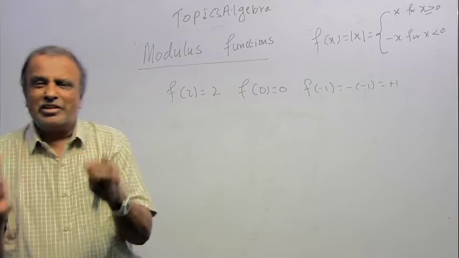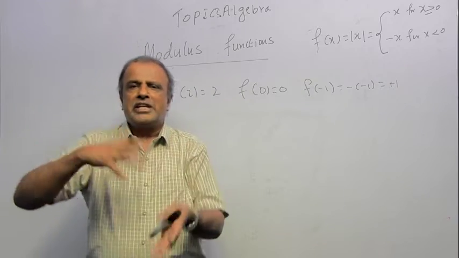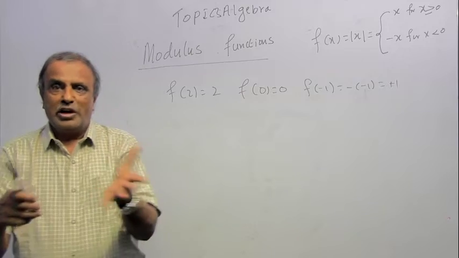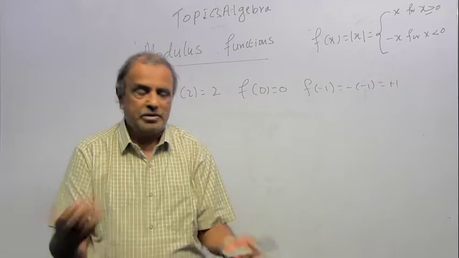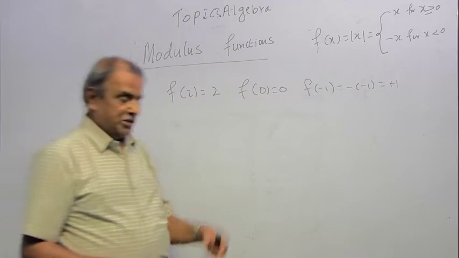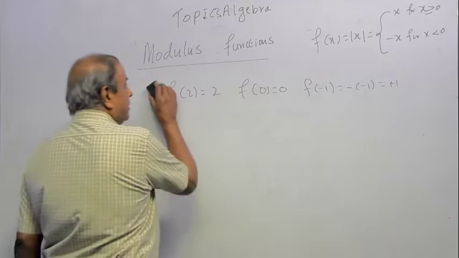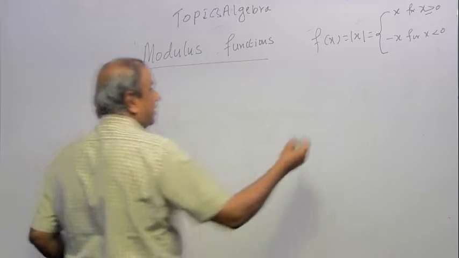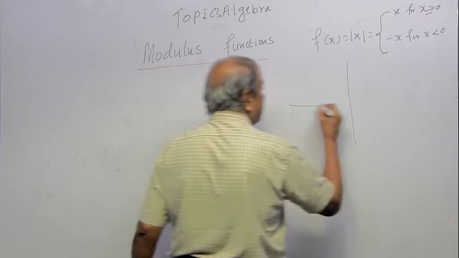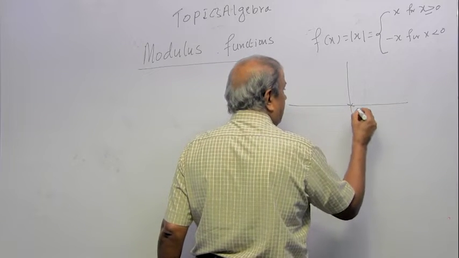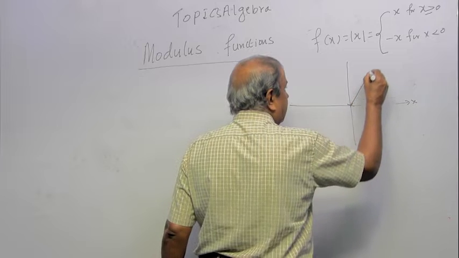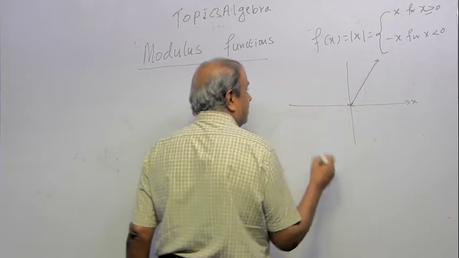Remember, to give a connotation in vectors or in mechanics, modulus is nothing but the magnitude, or even in complex numbers. So how does the graph look like? The graph looks like this. For any value of x, 0 or greater, it's like the line y equal to x.